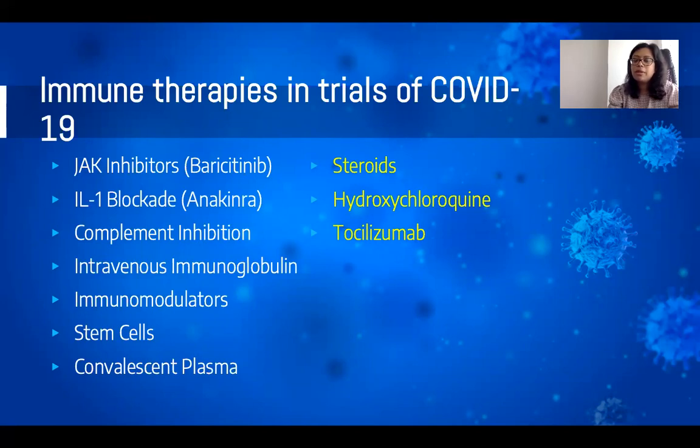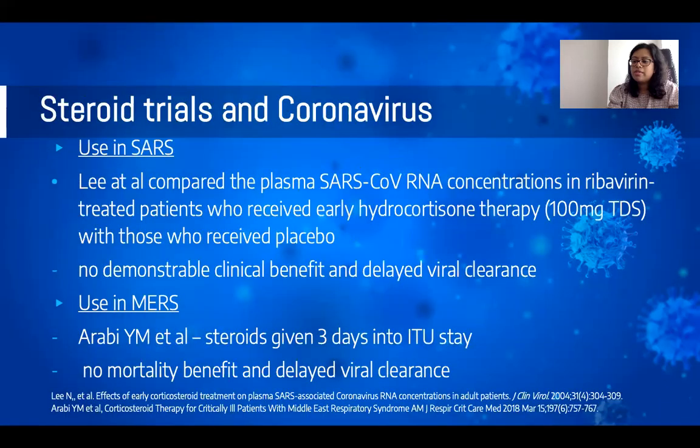There are other immune therapies being trialed, so JAK inhibitors such as baricitinib, IL-1 blockade, anakinra, complement inhibition, the TACIT trial run in Cambridge, which has been one of the centres, intravenous immunoglobulins, immunomodulators, stem cells, convalescent plasma. So there's a whole range. I hope to give a brief summary of what I could find for the evidence out there for these drugs in coronavirus infections. And hopefully more evidence will be emerging soon.